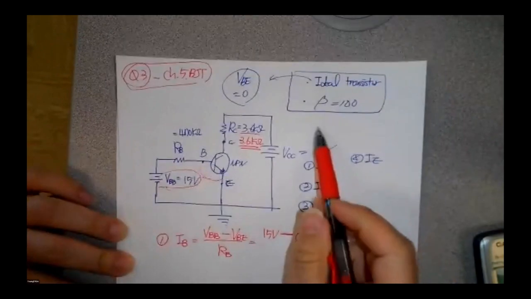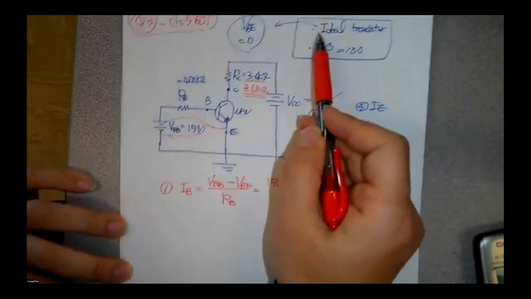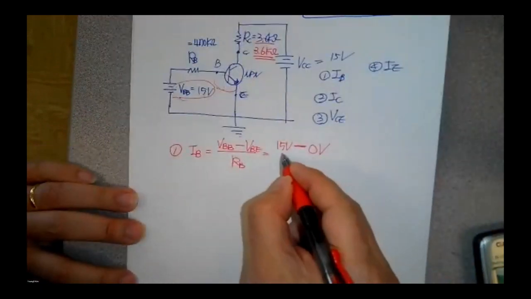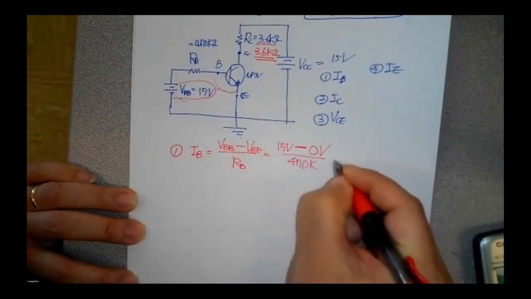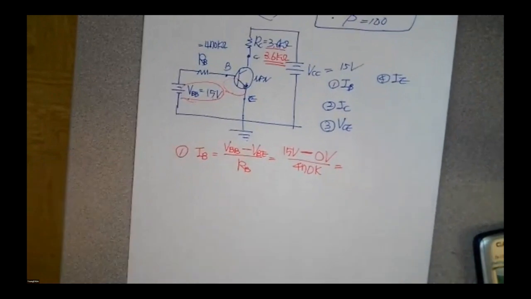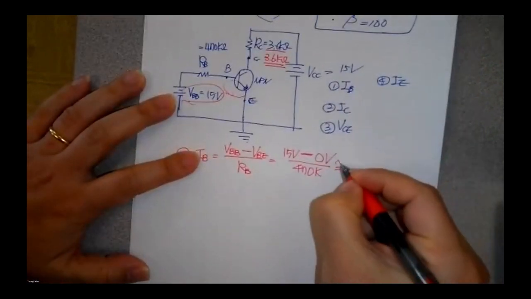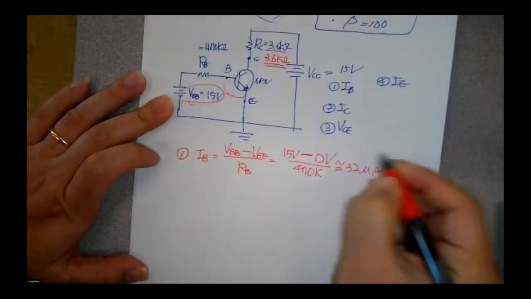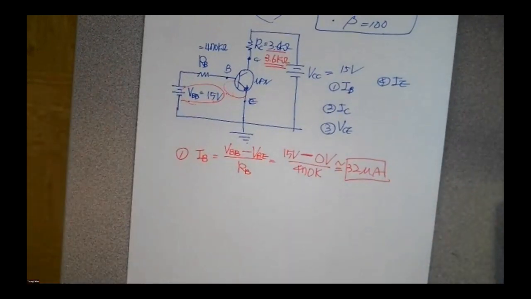Why? Because this is the ideal transistor. And R sub B is 470 k ohm. So now 15 divided by 470, 31.9, approximately 32 microamp. So really small. Any question?